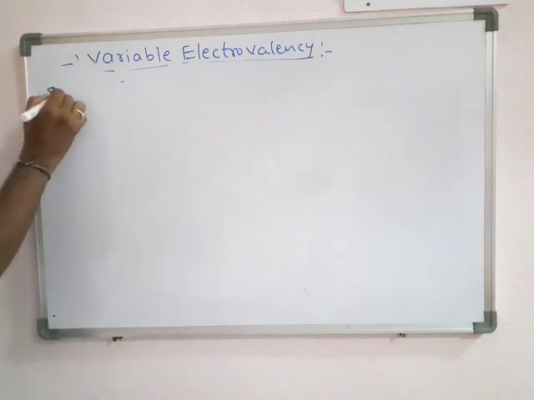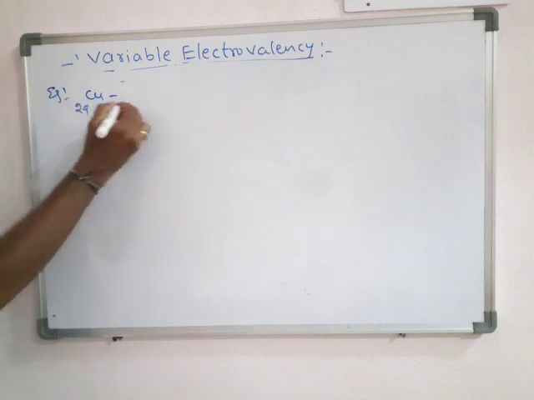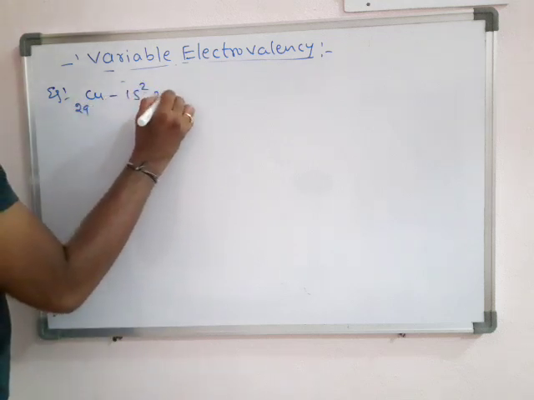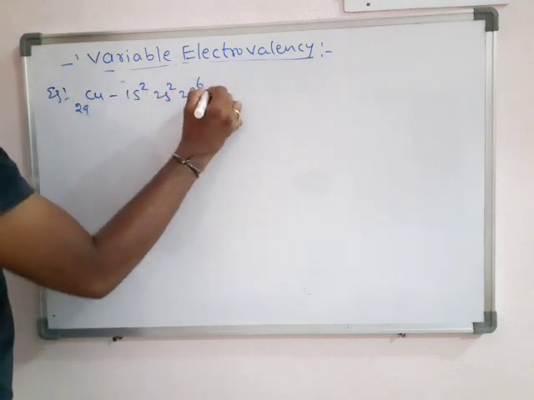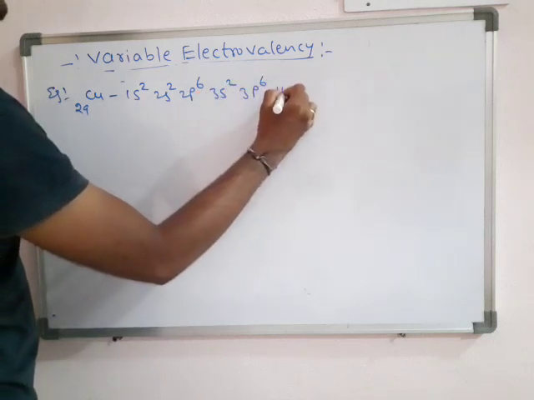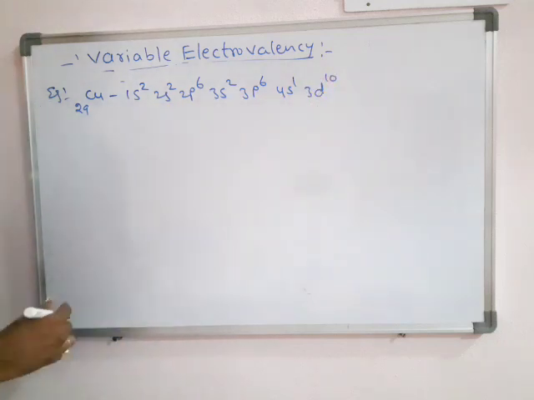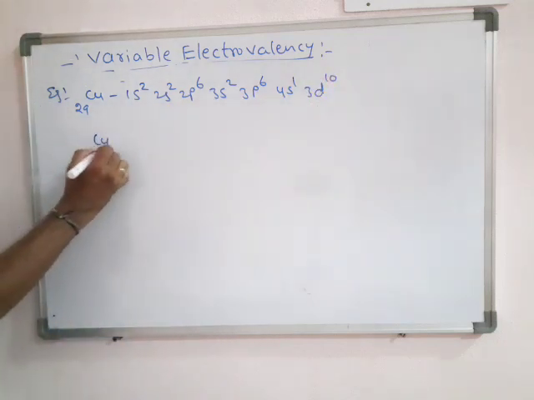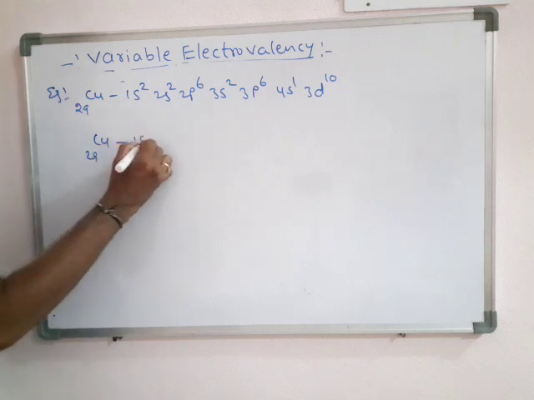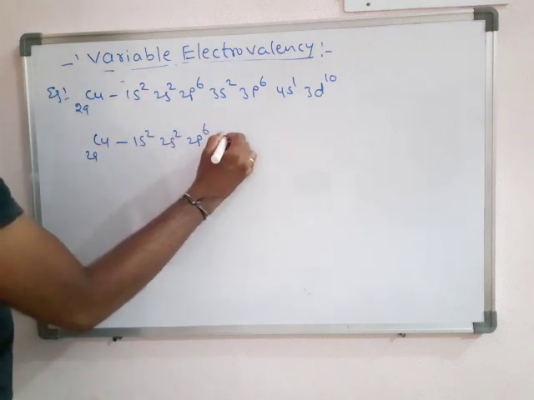See another example. Copper. What is the copper configuration? 1s2, 2s2, 2p6, 3s2, 3p6, 4s1, 3d10. If it loses one electron, by losing one electron, it will get how much?